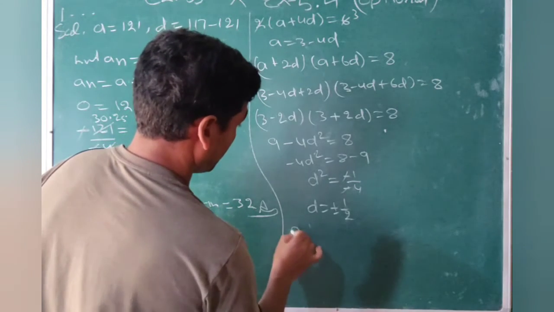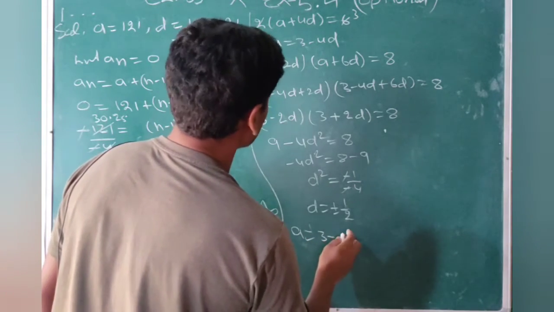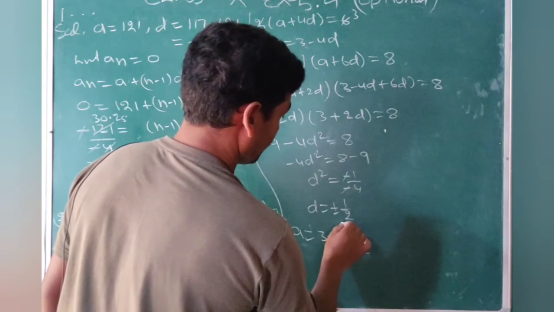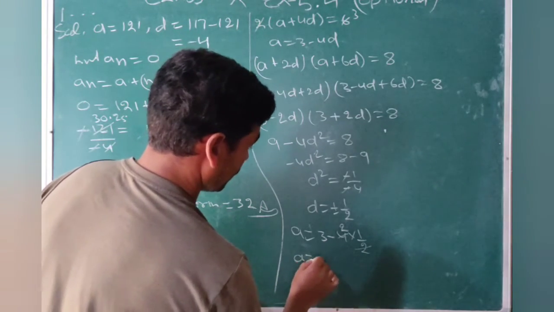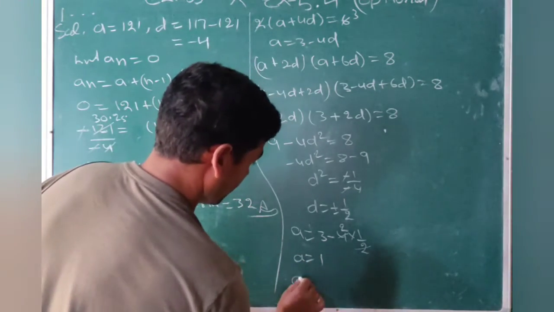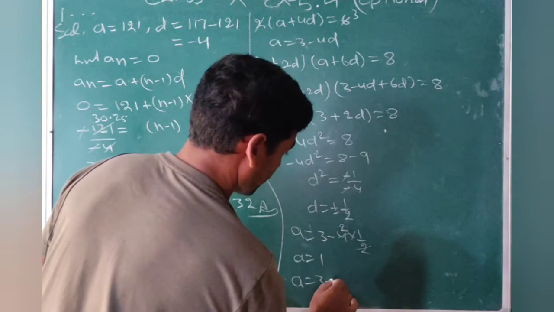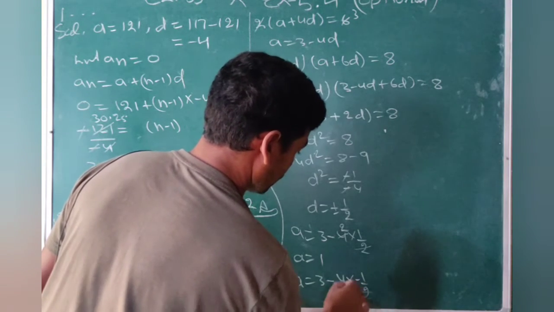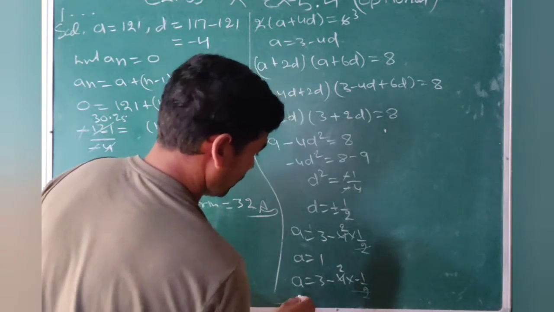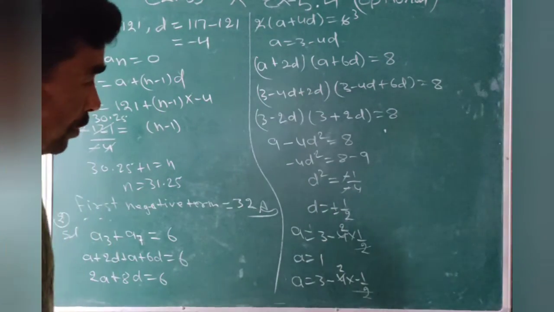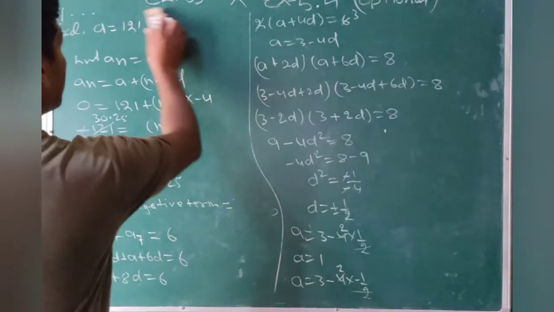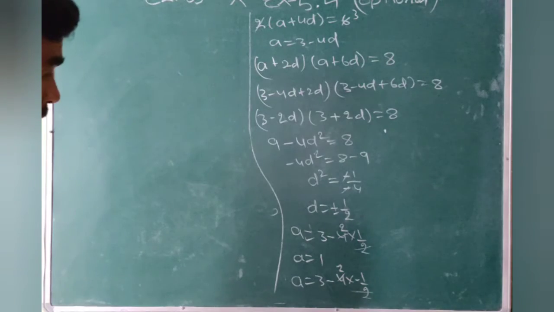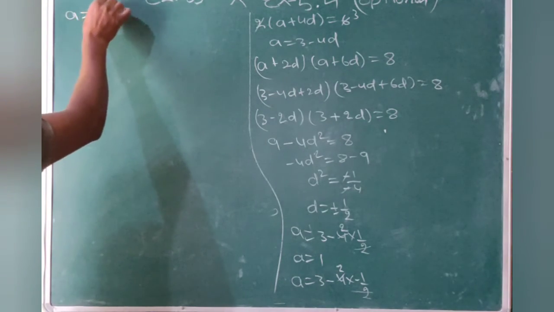So a is equal to 3 minus 4 into 1 upon 2, 2 to the 4, so a is equal to 1. And then again a is equal to 3 minus 4 into minus 1 upon 2, 2 to the 4, that will be a is equal to 5.